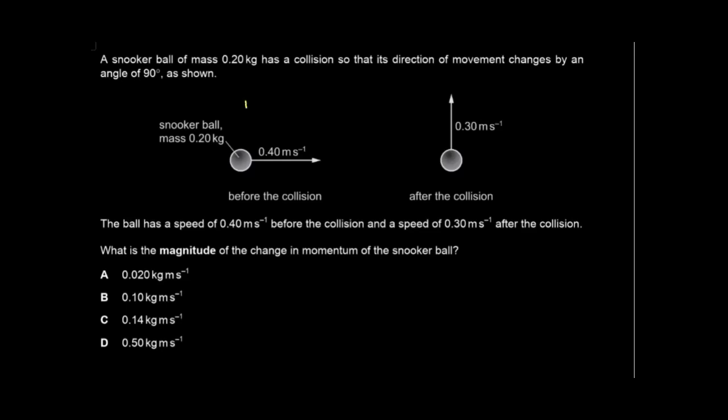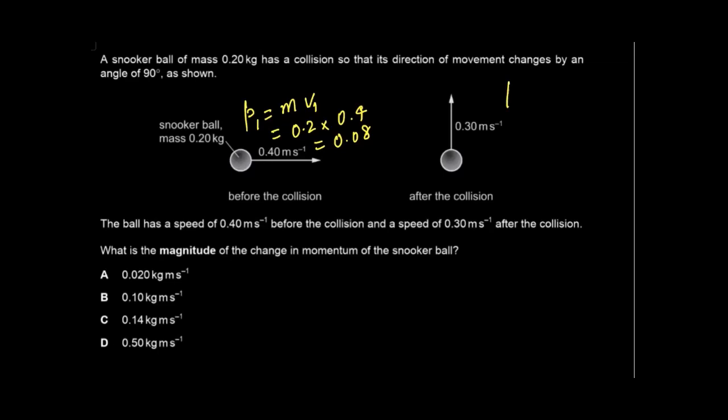So let's say before the collision it has a momentum of P1, which is equal to m v1. This is equal to 0.2 into 0.4, so this comes out to be 0.08.